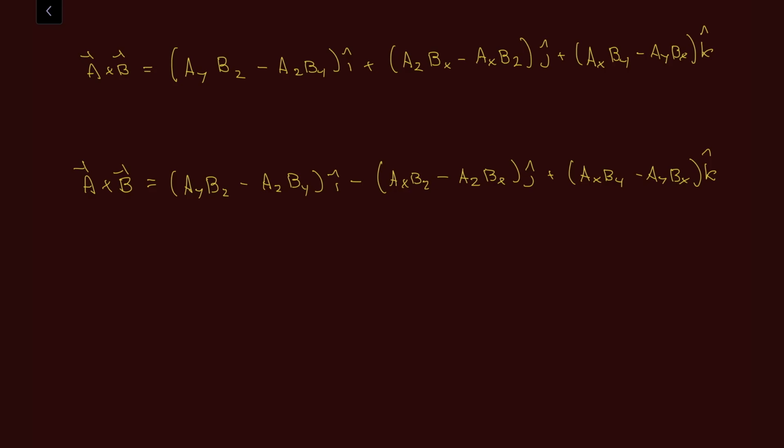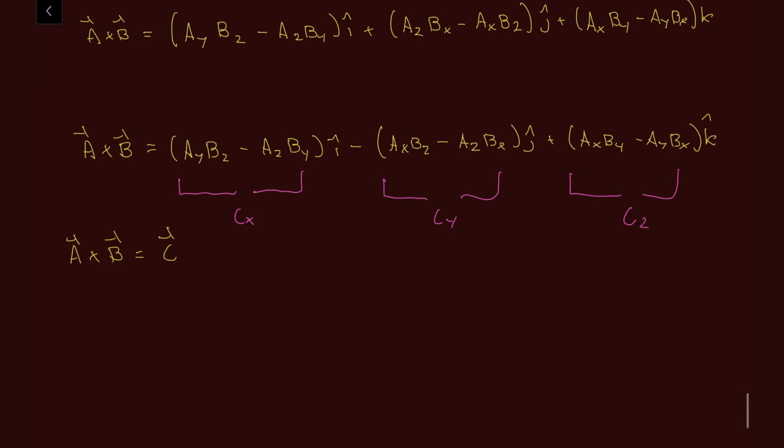For now, let's just move on. Since we know that A cross B gives us another vector, I'm going to write out that vector and call it C. From this equation, we can see that this is just Cx, this is just Cy, and this is just Cz. I hope that makes sense.